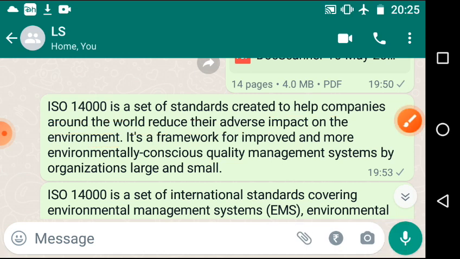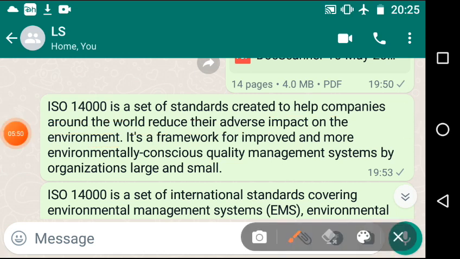Then it says in the next line that by setting up the standards, whatever company is being formed or set up in the environment will work on those standards. At the same time, they will also achieve their goal, and in this way we are able to reduce the negative impact or negative effect on the environment.